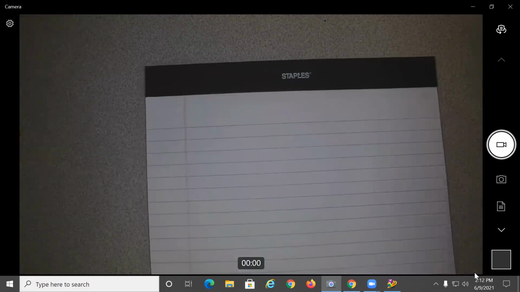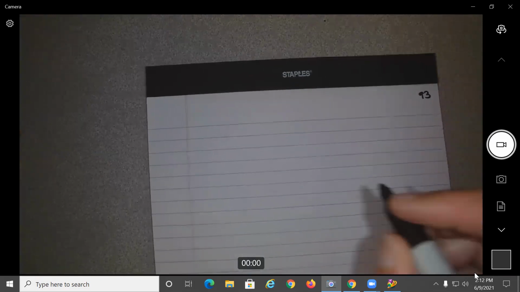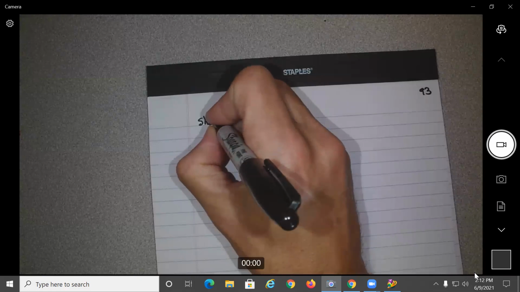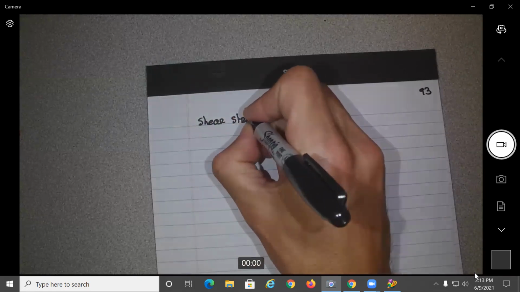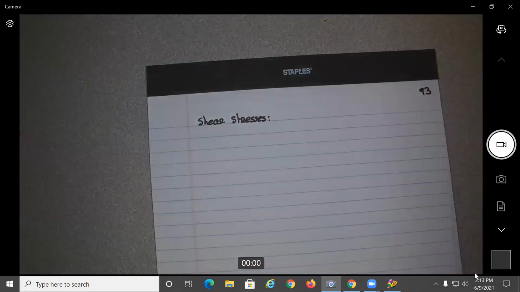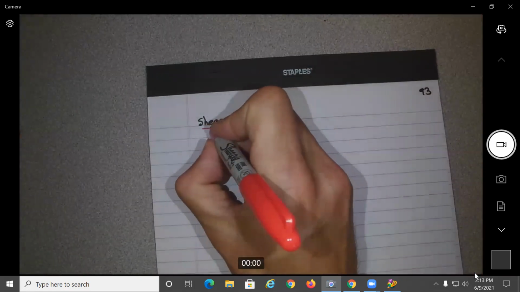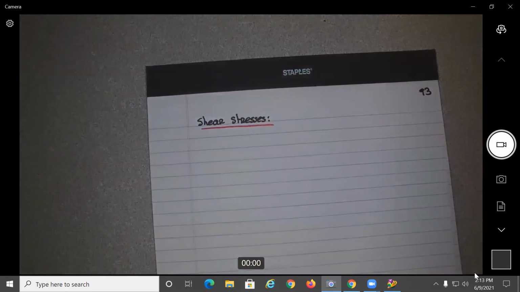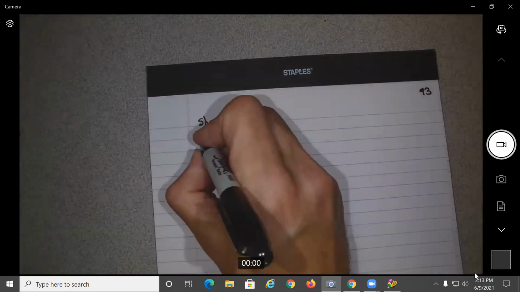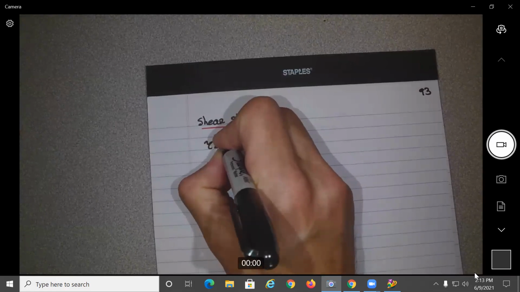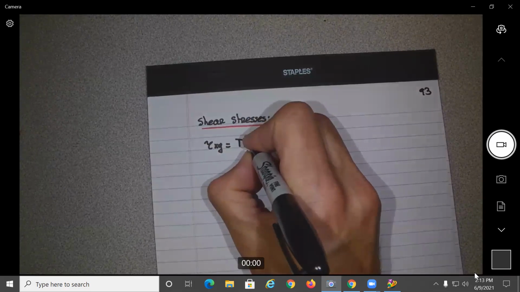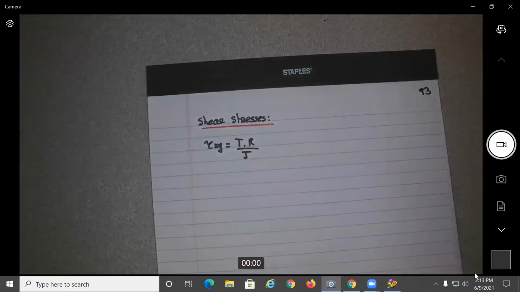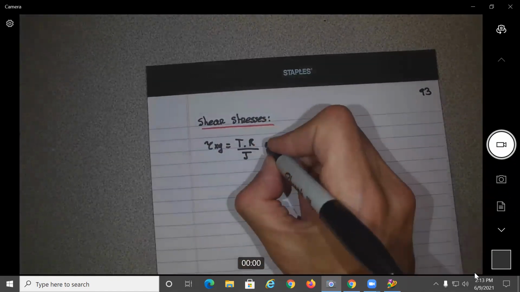Now we're going to look at the shear stress, or shear stresses, to follow the same notation. So shear stress we know will be tau xy equals T times R divided by J. So this will give us what?